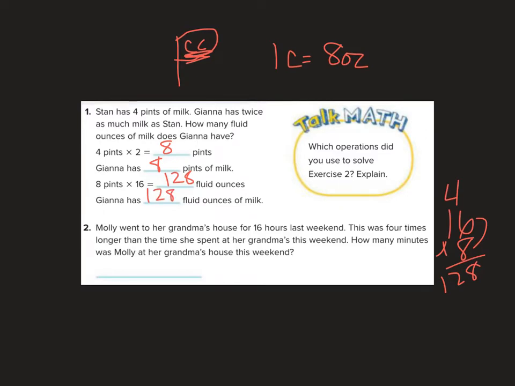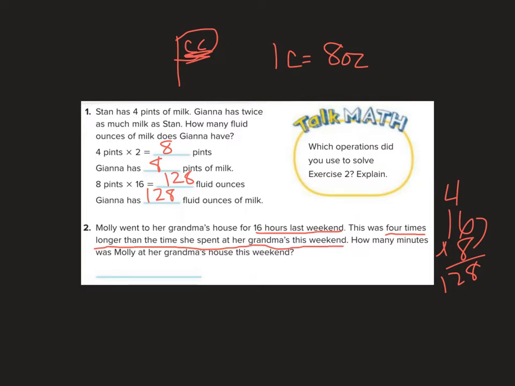Number 2 here. Molly went to her grandma's house for 16 hours last weekend. Now, here's my tip. Underline the important stuff. Then when you're reading it again, that stuff will stick out and then it will help you to solve. Okay, so this was 4 times longer than she spent at her grandma's this weekend.